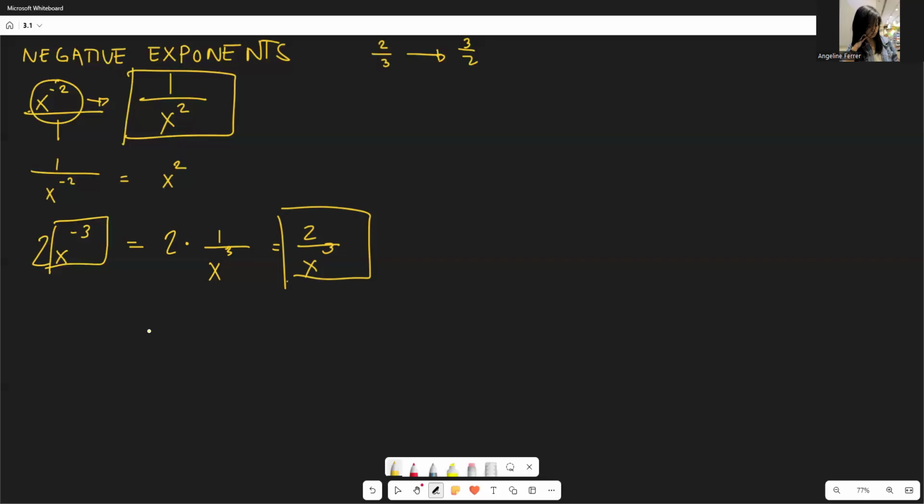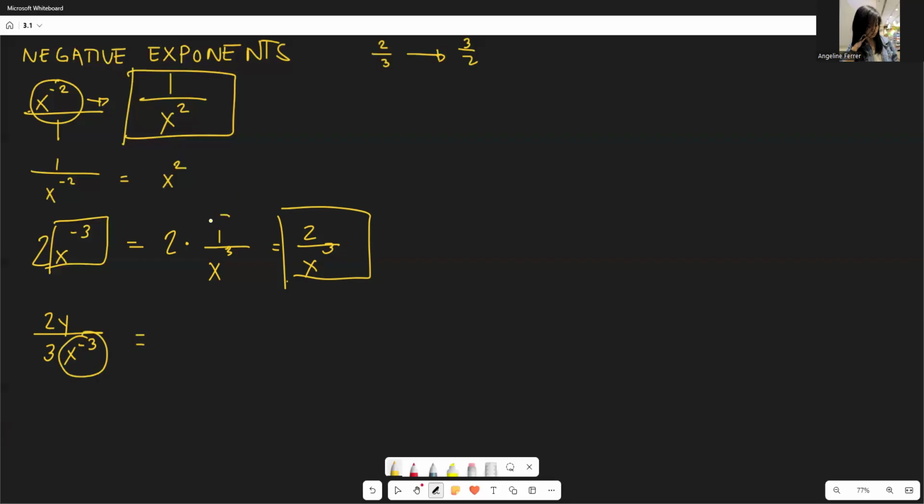And another example, if we have, okay. So for this one, it's the same thing. It has other values both in the numerator and denominator. So we're just gonna get x raised to negative 3.